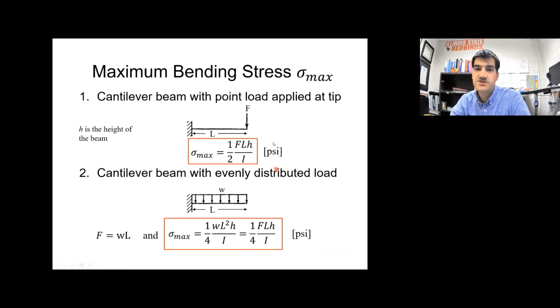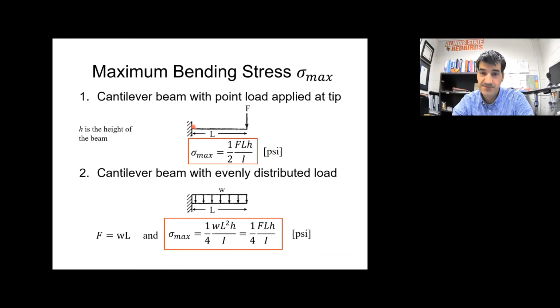So this is the equation for cantilever beam with a point load applied at the tip. By the way, while I'm thinking about this, we talked about where is the maximum stress in the beam for a simply supported beam. Where do you think the point of maximum stress is for a cantilever beam? It's different. It's a different location. As it turns out, the point of maximum stress in a cantilever beam is right there.